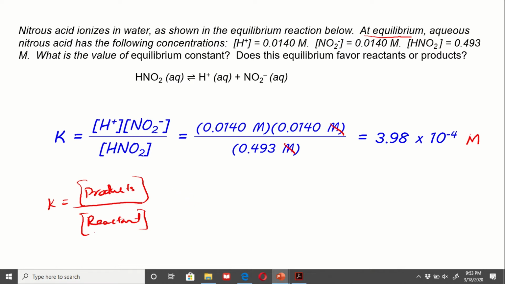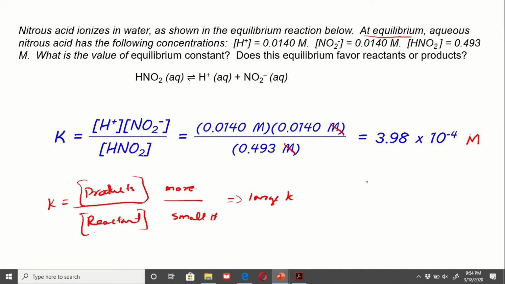If you have more product, a large number, in the numerator, and a small number in the denominator, what will you get? That will result in a large K. So if you want to end up with a small K, then your denominator needs to be larger.